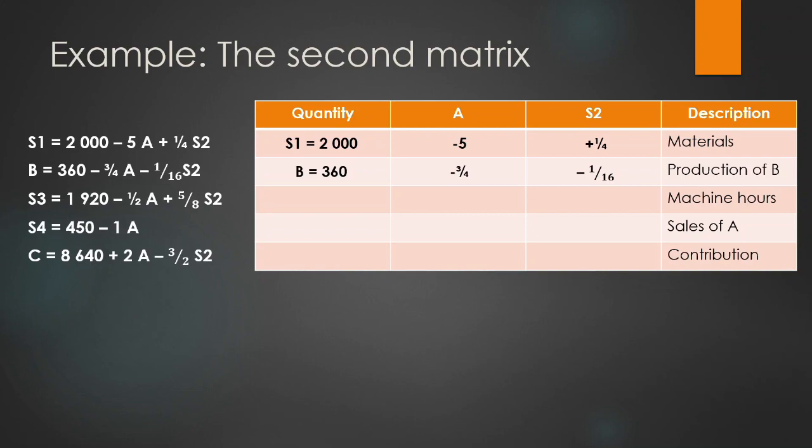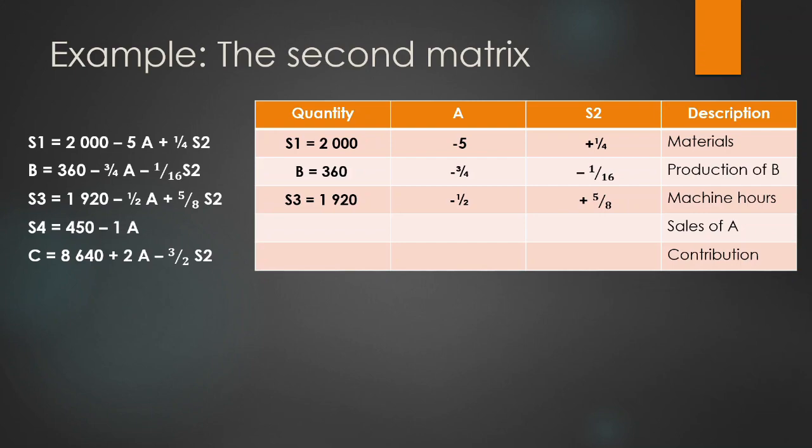Under the quantity column, I have S3 is equal to 1,920. When producing 360 units of B, I am left with 1,920 unused machine hours. Column A is -1/2, and column S2 is +5/8.